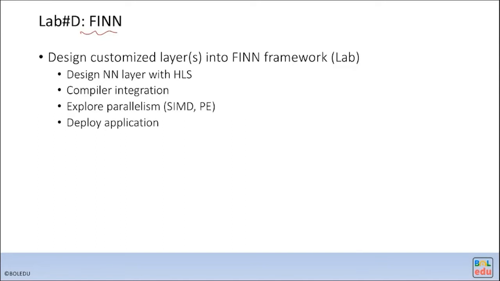We all know Xilinx VT's AI offers the whole infrastructure to support running AI applications. However, with the VT's AI tool, the DPU is not open source, so you could not design your own neural network.